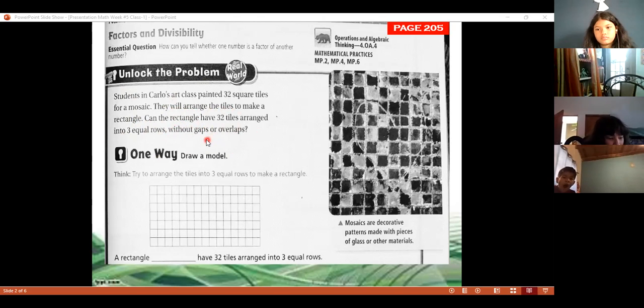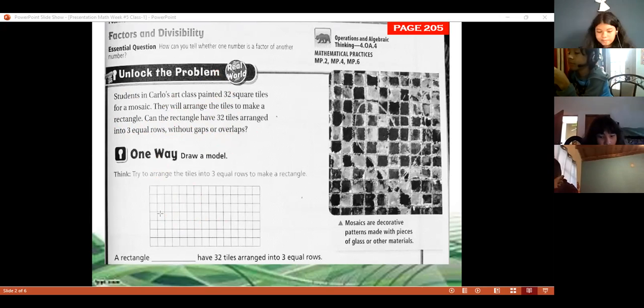Gaps means that if you have any empty space, if you arrange the 32 square tiles into 3 equal rows, can we have gaps? Or overlaps, or will all of them fill? Well, let's find it out, class. Let's draw in the rectangle the 3 equal rows in which we are going to arrange these 32 square tiles.